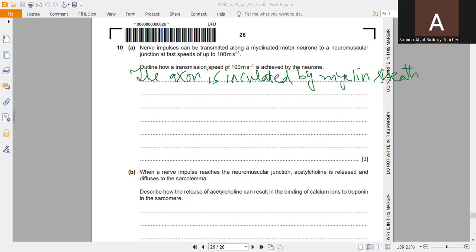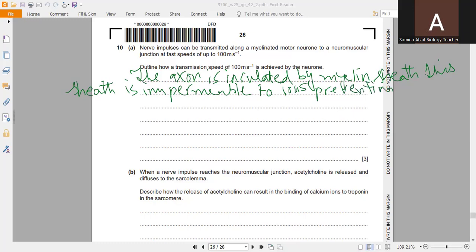So this sheath is impermeable to ions, preventing depolarization.